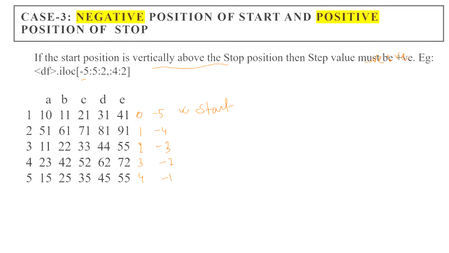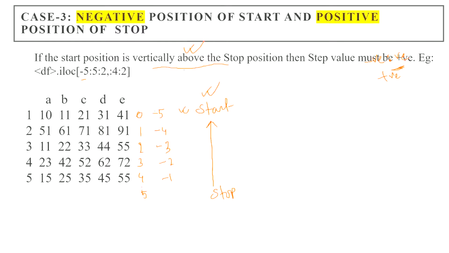And where is 5? 5 is here is 4. So here will be 5 somewhere here. Right. Now see start position is here, stop is above. Okay. See start is on top. In these cases, our step value will be positive. Step value will be positive.